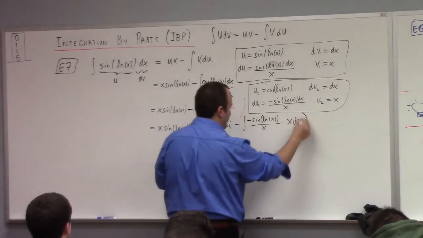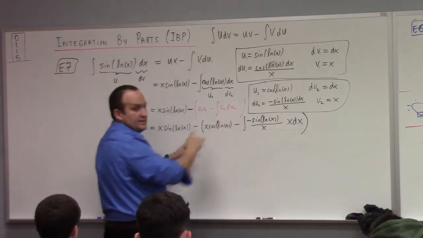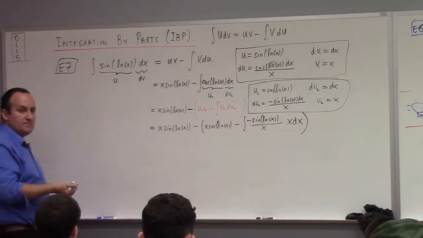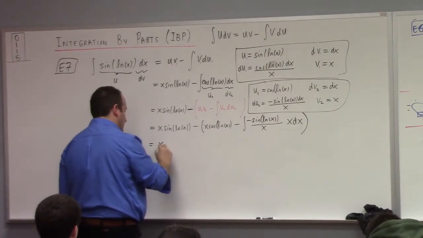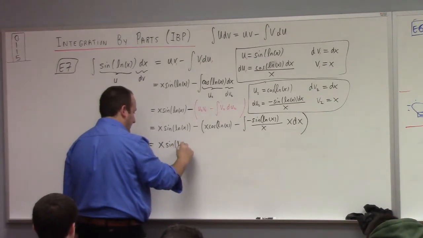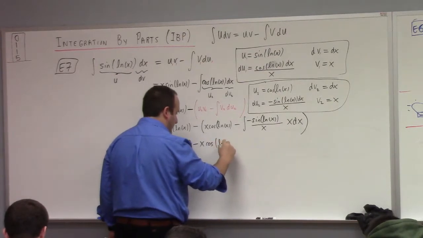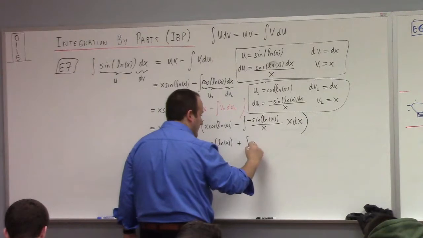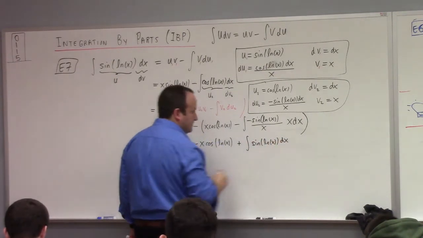So you see what happens here? How many minuses do we got? 1, 2, 3, right? So there's a net minus sign on that integral. So to clean things up here, we've got x times the sine of the natural log of x minus x times the cosine of the natural log of x plus the integral of the sine of the natural log of x dx.